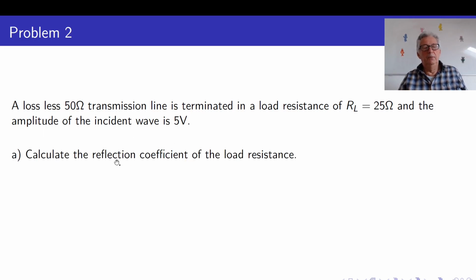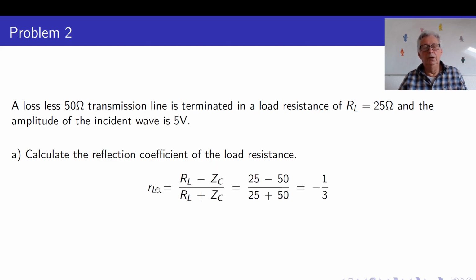In the first step we want to calculate the reflection coefficient of the load resistance, which is quite easy. The reflection coefficient of the load can be calculated by RL, the load resistance, minus ZC, divided by RL plus ZC, which results in minus 1/3.